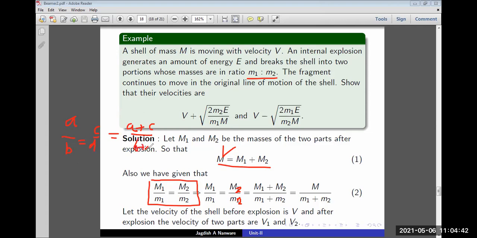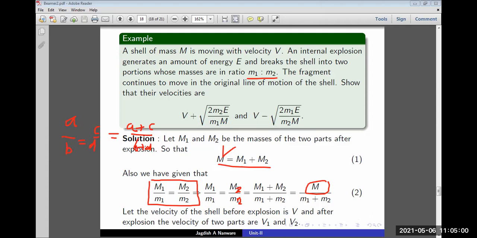So using this, you can have M1 plus M2 divided by m1 plus m2. But what is capital M1 plus M2? From 1, it is capital M. So we have the second expression.